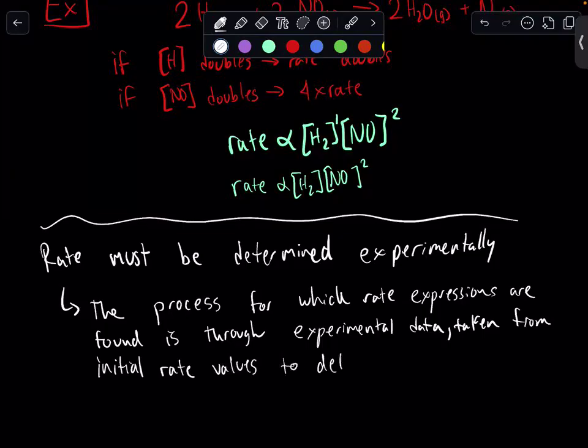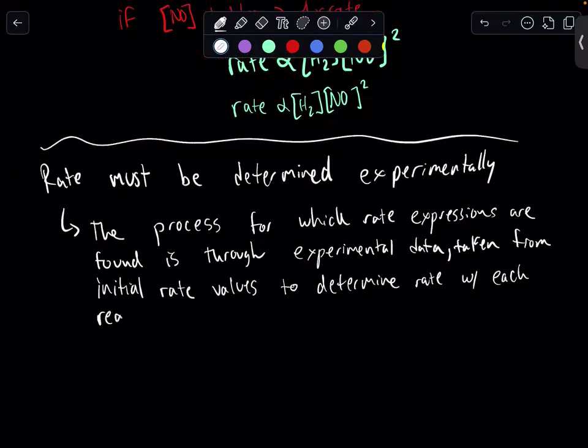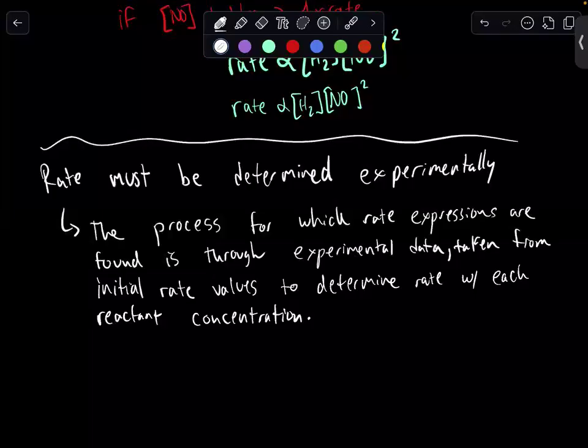So if we remember about our rates, this is taken from initial rate values to determine rate with each reactant concentration. So what the heck does that even mean?